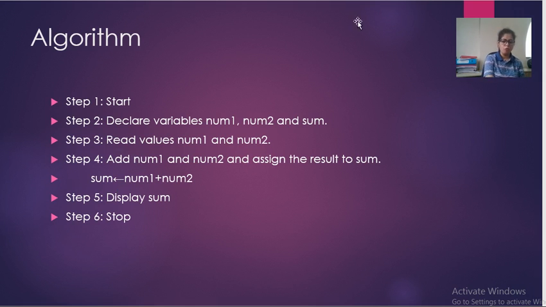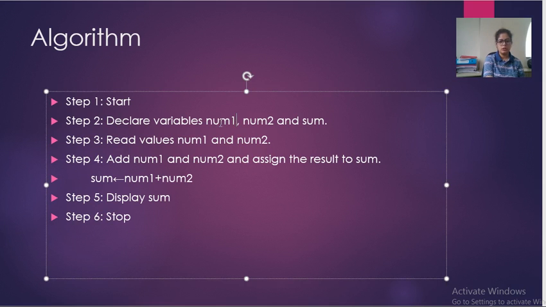For example, if we want to add three numbers and transfer the result into a fourth variable, here I am going to change the names of the variables so that it is clear to you.